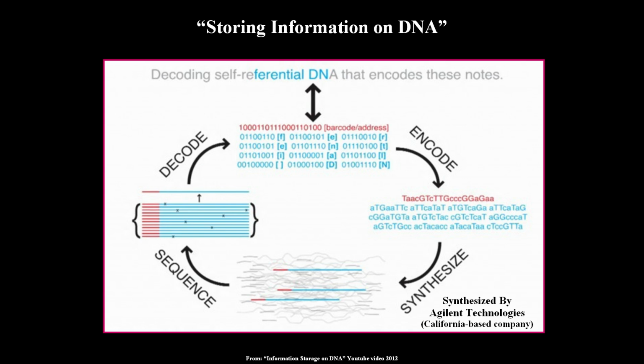I don't know what they've done on this since, but if I can find a video, I will put it in the description below, and you guys can click onto it, and that way anything that I'm missing out, they can fill in the puzzle, and it won't be so confusing. But the point I'm trying to make is that there's an intelligence in this code, and that they're actually using that to store information on it.